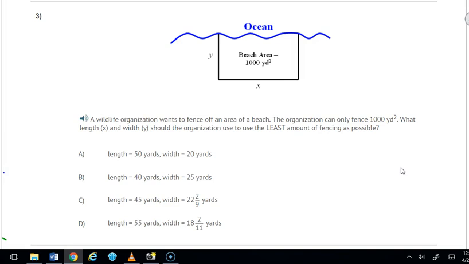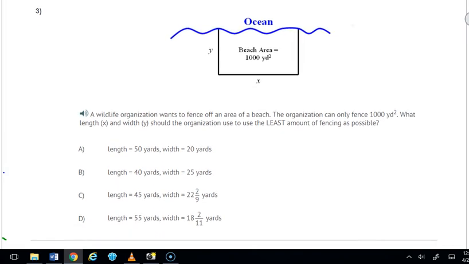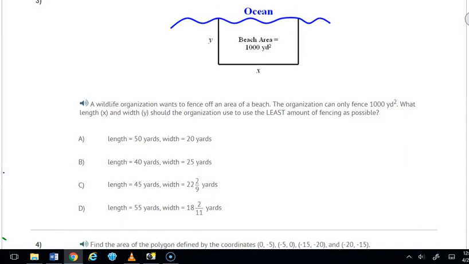If we try to find an equation for the area, it would be X times Y equals 1,000. And if we wanted to find an equation for the fencing, that would be X plus 2Y. So we could put those equations into our calculator and find the minimum where those two intersect.